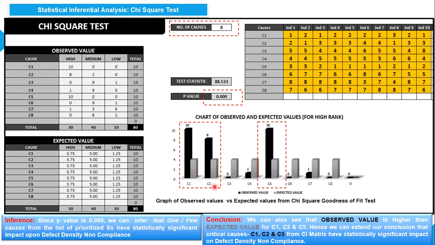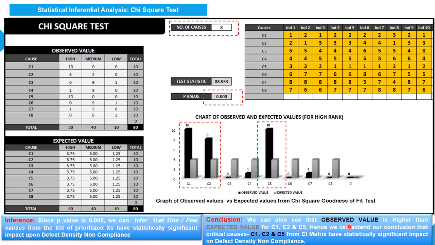So here in this case study, we do have C1, C2, and C5, which have a relatively taller bar for observed value than for expected value, right? So let's conclude.